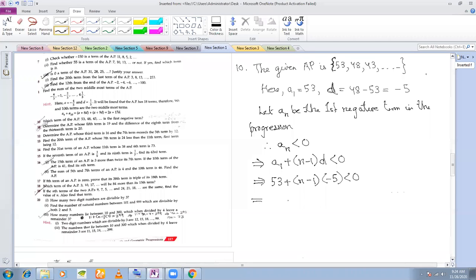So 53 minus 5 times n minus 1 is less than 0. That means 53 minus 5n plus 5 is less than 0. That means 58 minus 5n is less than 0. That means 58 is less than 5n.